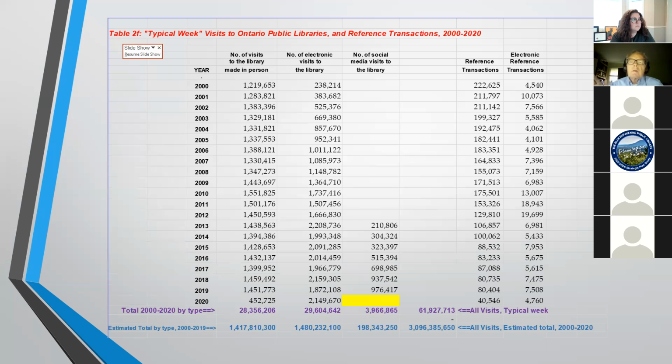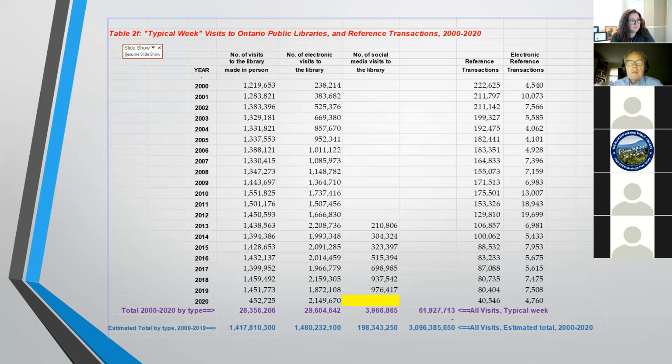Now, I want to talk just a little bit about reference transactions. I've made the point several times in the FOPL report that we hear all this business about we got Google, we don't need libraries. During the middle of the pandemic, the typical best number we have for the number of people who walked in a library in Ontario to ask a question is 40,546.